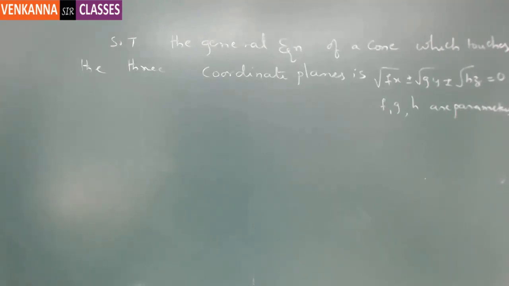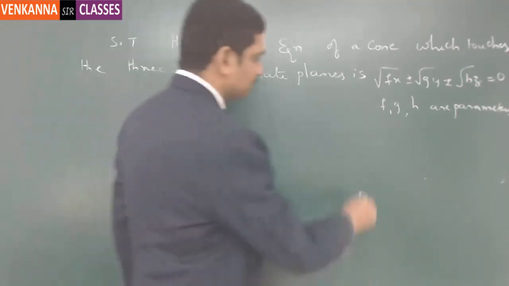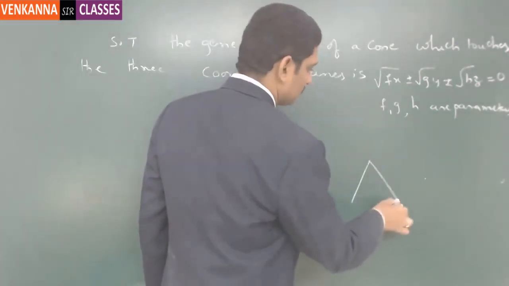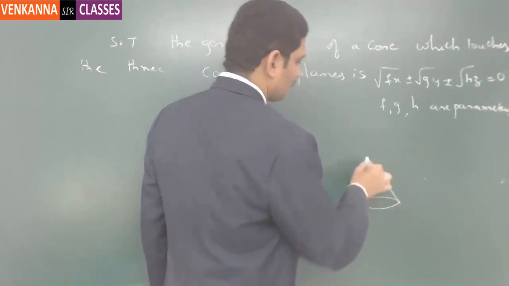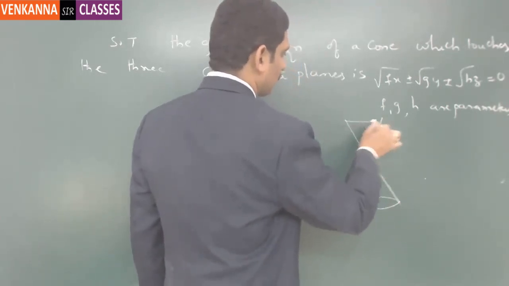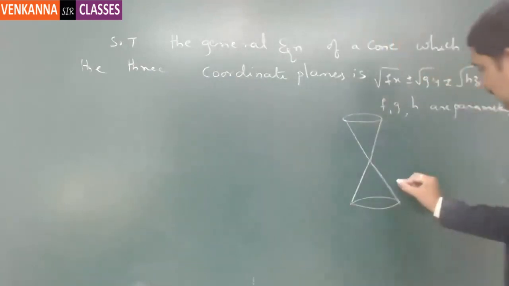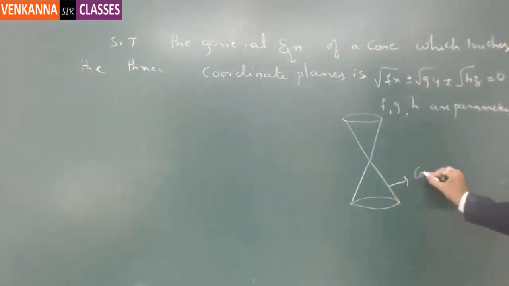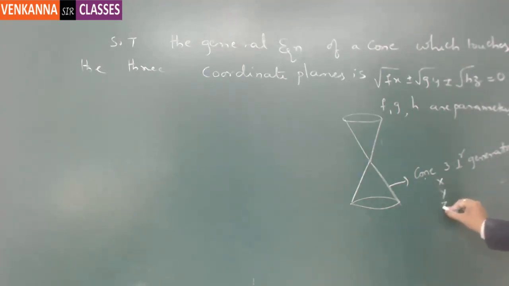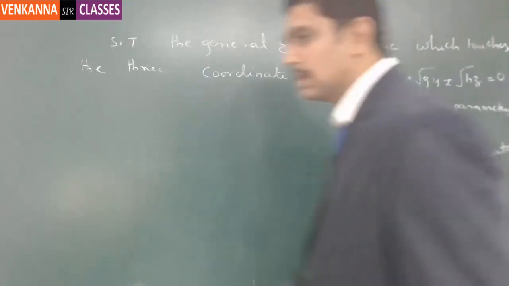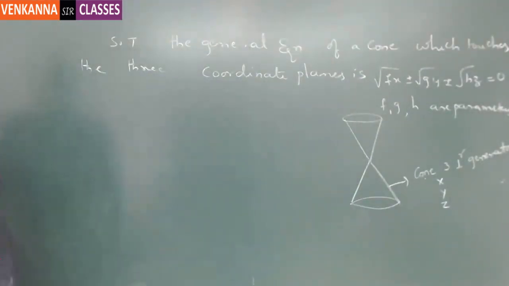Let us say suppose that this is a cone which has three mutually perpendicular generators, in other words, say x-axis, y-axis, z-axis. Then what will be its equation? Can you tell?